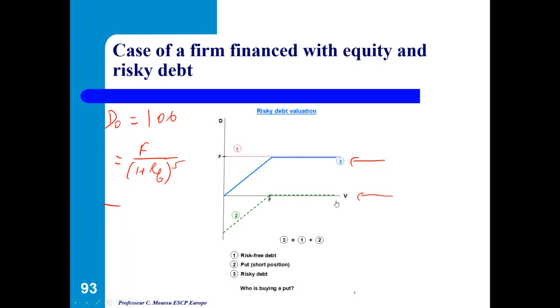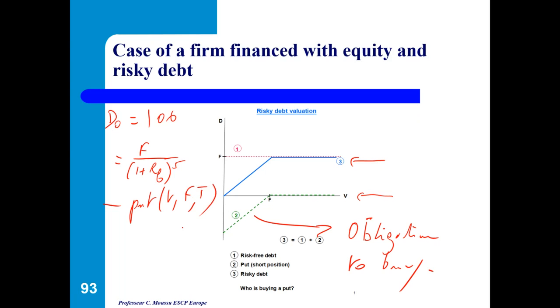So if you sell a put, it means that you sell to someone the right to sell you the company. Remember that selling a put means that you have the obligation to buy. But if you have the obligation to buy, you receive a premium for that. So this will be reduced by the value of the put.